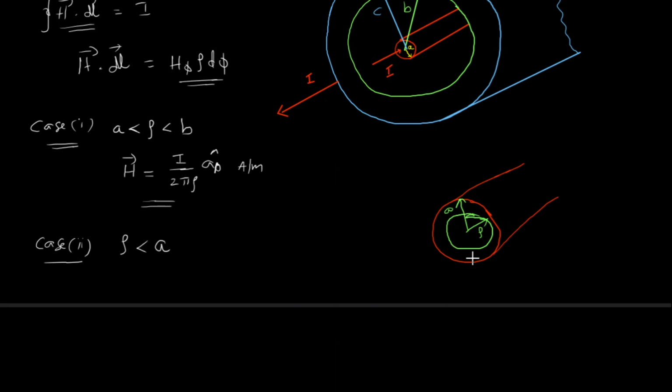If the radius is smaller than the radius of the inner conductor, then the current enclosed will also be less than I, no? Because the current is flowing through the entire conductor.